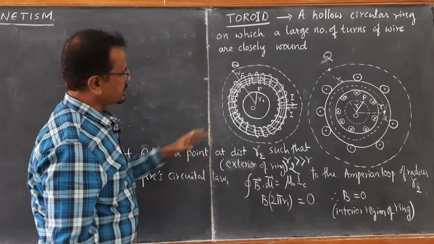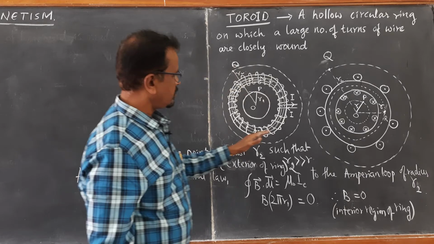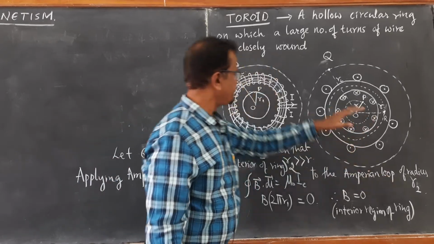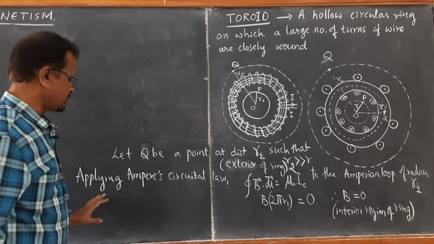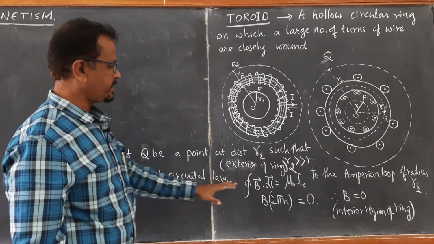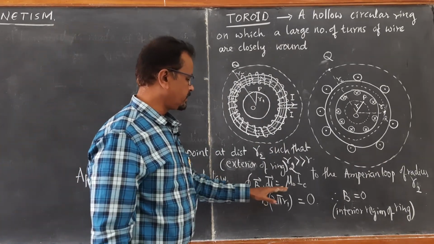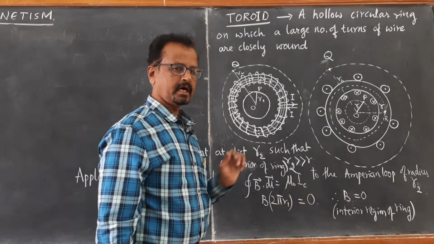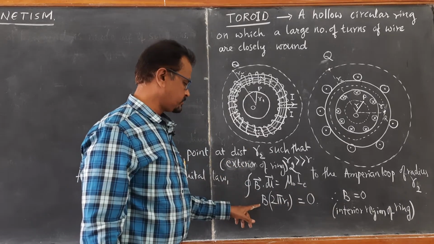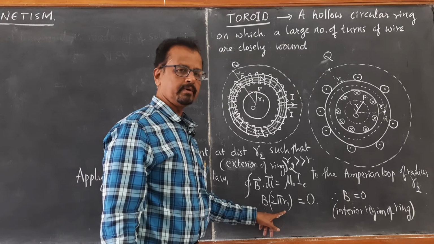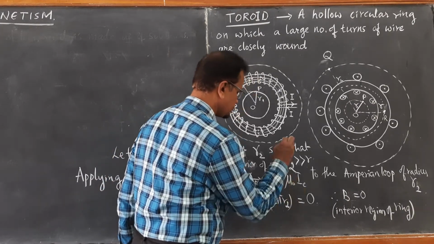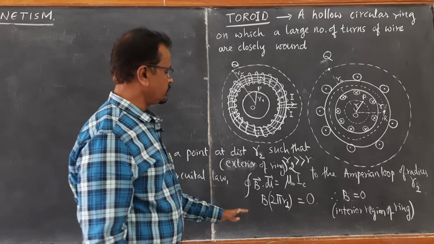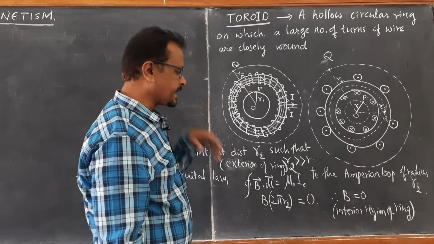Then construct an Amperian circular loop of radius r2. Then applying Ampere's circuital law, B dot dl gives us mu naught times IE. So, that gives us B into 2 pi r2 equal to the current enclosed.